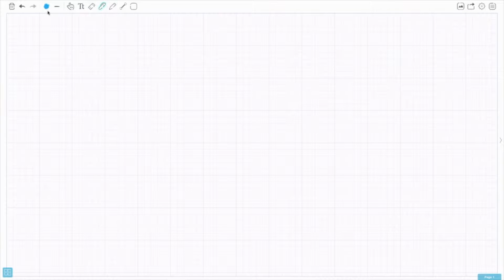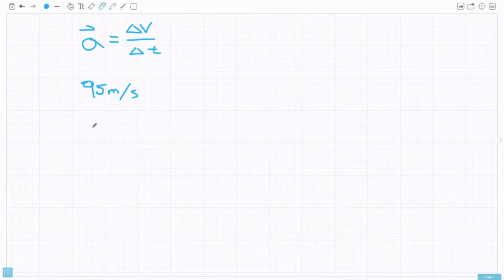So first we'll look at the formula for acceleration. Acceleration is equal to the change in velocity over the change in time. We know that the final velocity of the car is 95 meters per second. And we know that the initial velocity is 73 meters per second.